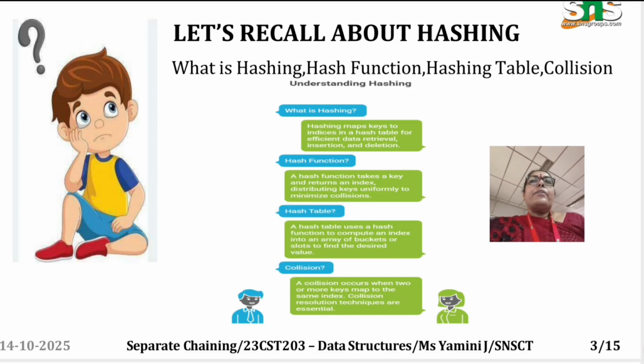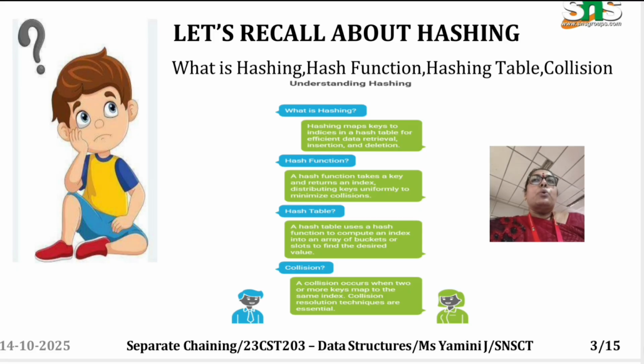Let us recall hashing before diving deeper. Let's quickly recall the basics of hashing. Hashing is a process of mapping a large data set of variable length into a smaller, fixed size value using a hash function. A hash table is a data structure used to store these values.